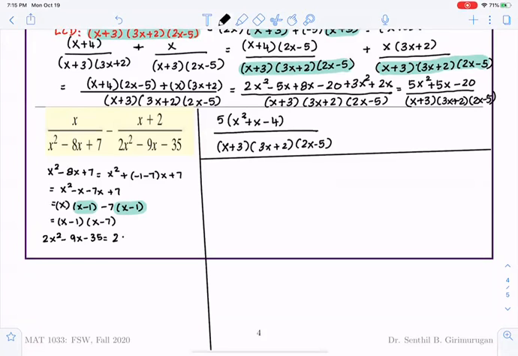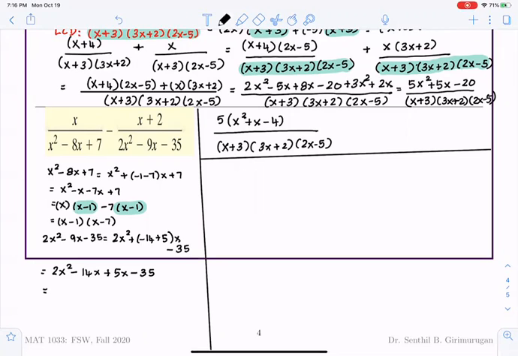So the two numbers are negative 14 and positive 5. Negative 14 plus 5 is negative 9. And if I multiply negative 14 and 5, I would get negative 70. So 2x squared minus 14x plus 5x minus 35.